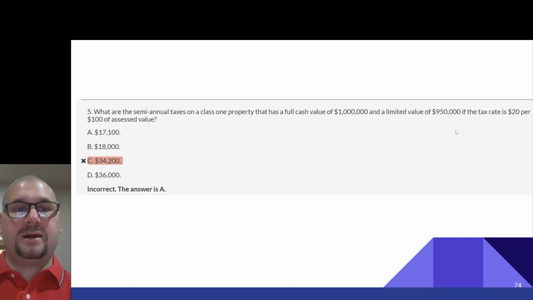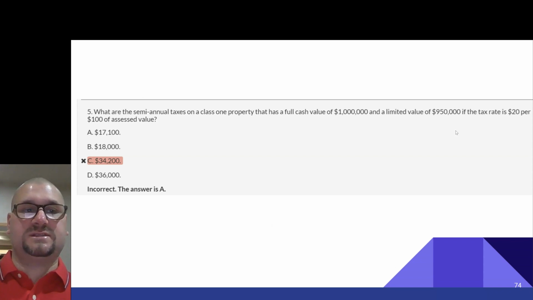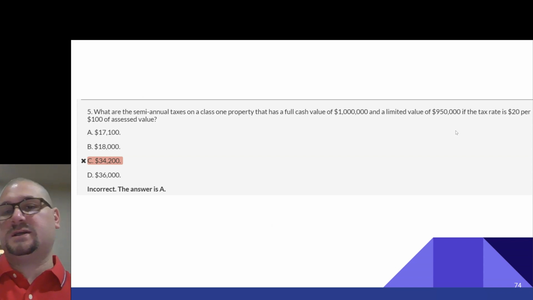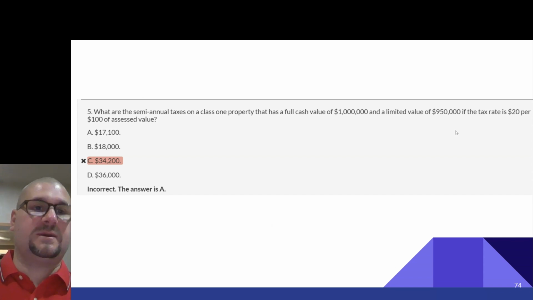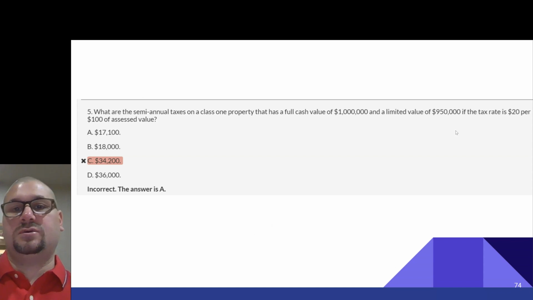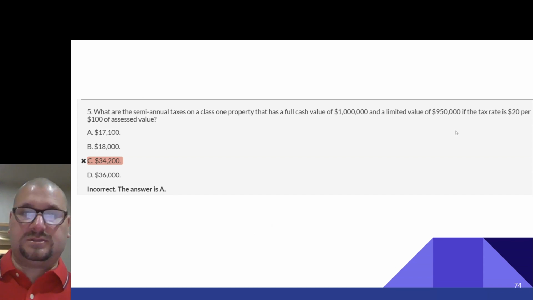So what are the semi-annual taxes on a Class 1 property that has a full cash value of $1 million and a limited value of $950,000 if the tax rate is $20 per $100 of assessed value? Here again, you want to get the annual tax, and then divide it by 2 to get the semi-annual tax.